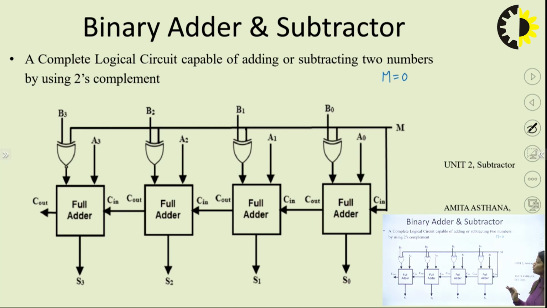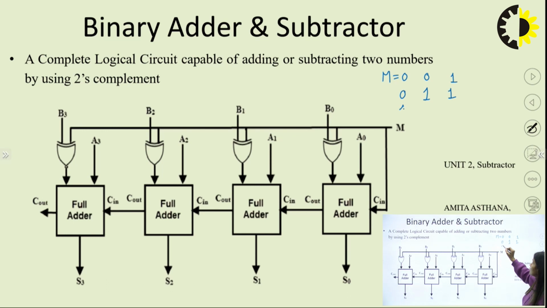If m is equal to 0, then consider XOR of m with any bit. XOR of 0 and 0 will be 0, right? And if m is equal to 0 and the other bit is 1, then XOR of 0 and 1 is 1, right?